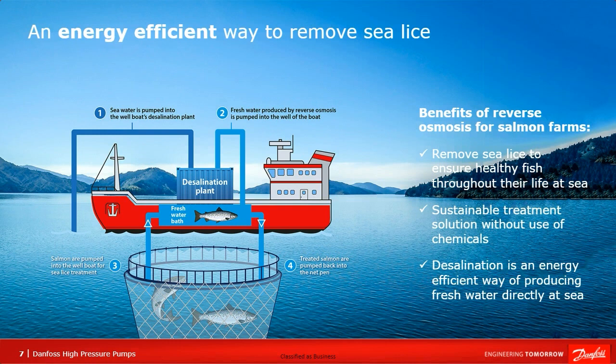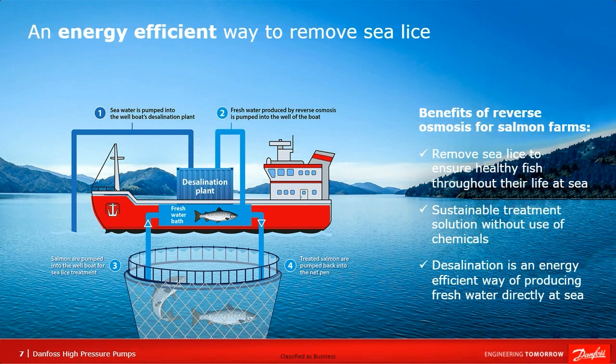This mimics the natural process where wild salmon swim up streams to spawn, and in that process also shed all the lice they have. So by treating sea lice in this way, we are trying to mimic the natural process of how it happens in the wild.